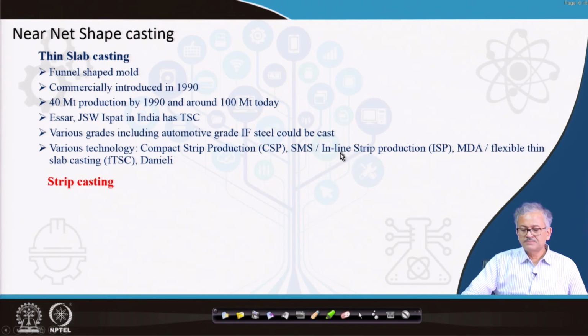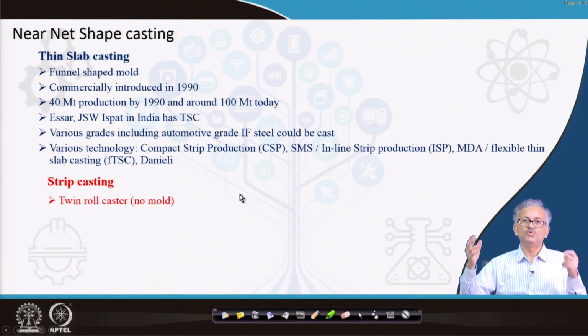This is also a parallelly developed thin slab casting process. And flexible thin slab casting is by Danieli, Italy, another technology for producing thin slab casting today.